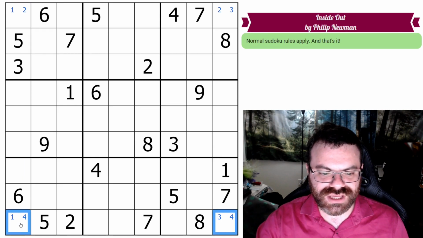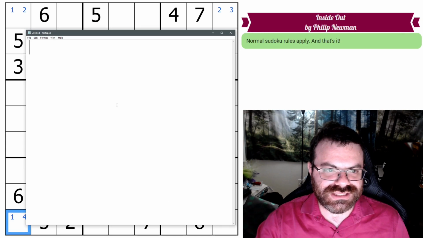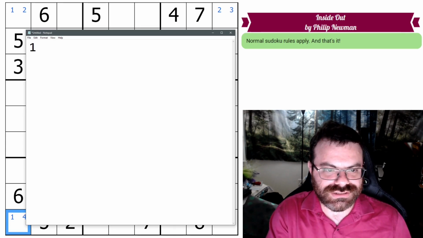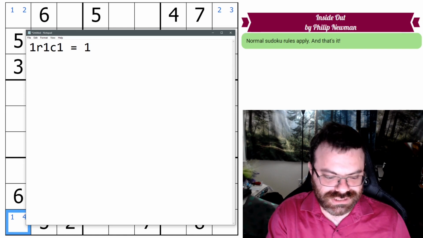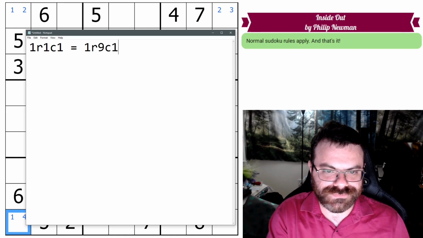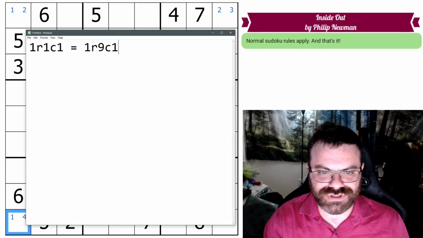So what we can say is that the 1 in row 1, column 1 has a strong link to the 1 in row 9, column 1. We have that strong link.